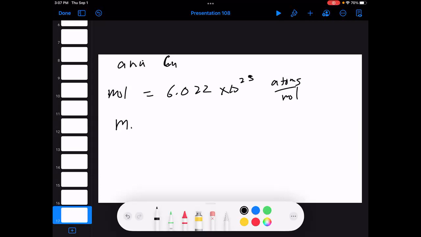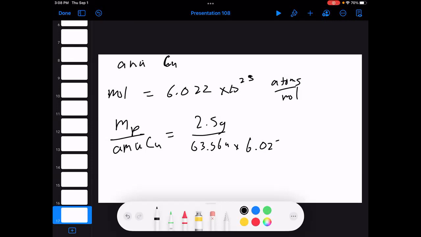You divide that by the atomic mass, so the 63, copper, over 63.56 U. And then you multiply that number by the mole. So that's how you get the number of atoms.